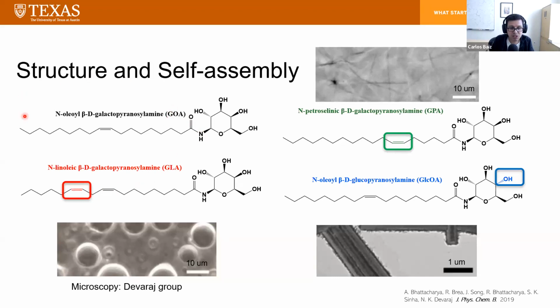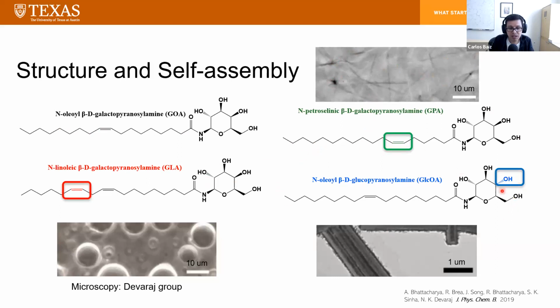So for example, if you compare GOA, I'm going to talk about this phase diagram, it can form vesicles or it can form a sponge phase, compared to GPA. So GPA just moves one of the hydrogen bonds to a slightly different position. And this lipid actually just aggregates. It doesn't form vesicles or anything. It just forms aggregates in solution.